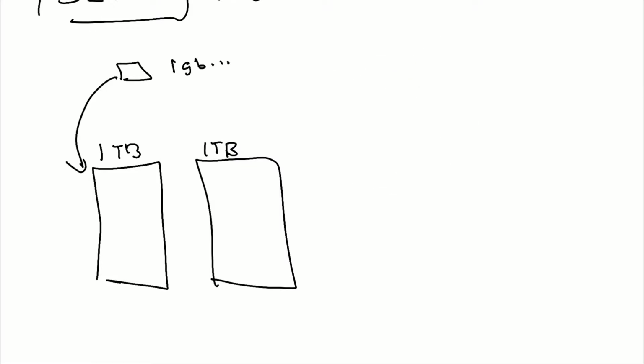And so here's the thing. If you're trying to write a lot of information quickly, you can actually take advantage of the fact that you have 2 drives, because they each can be writing at the same time, right? So why not just take the data and split it into 2 pieces of 512, well, I keep thinking power of 2, but in this case it's actually 500 megabytes each, right? So half a terabyte each.